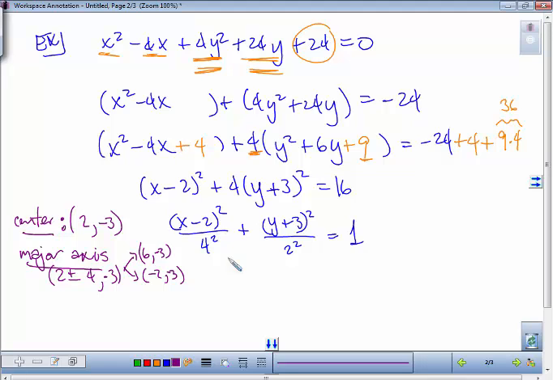And then your minor axis, we'll try to describe it the same way. So your minor axis is 2. It's x0, and then comma y0, which is -3, plus or minus the b value, which is 2.